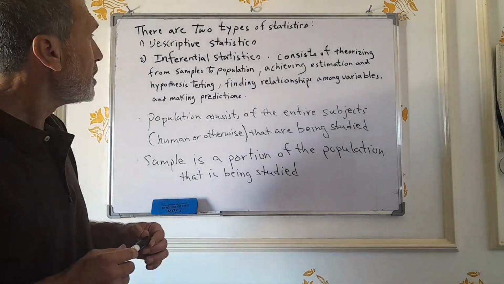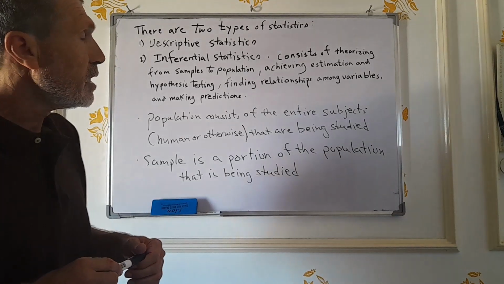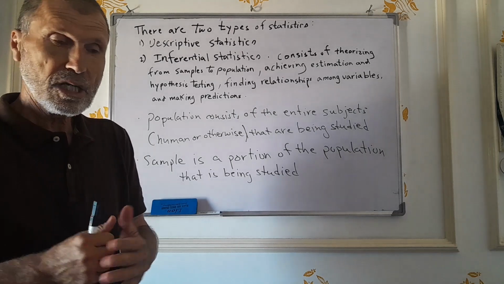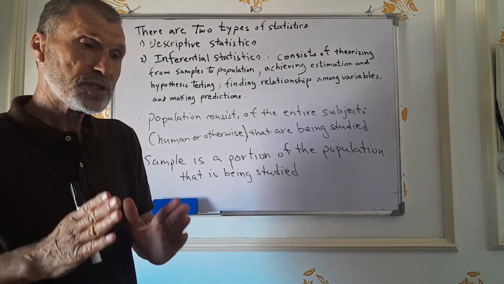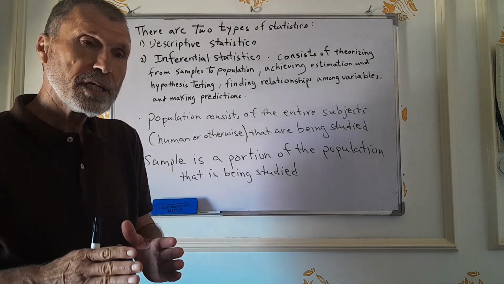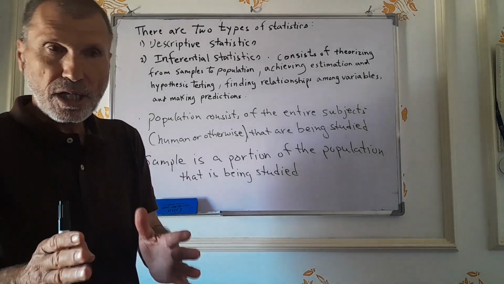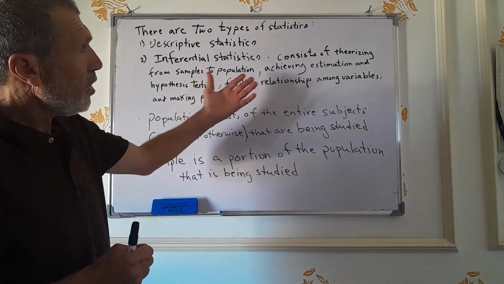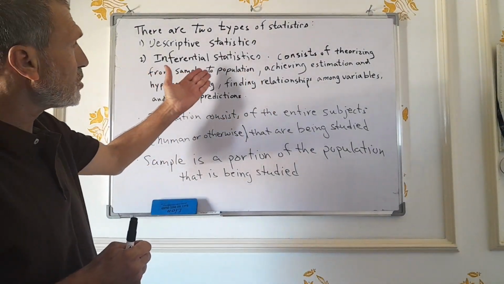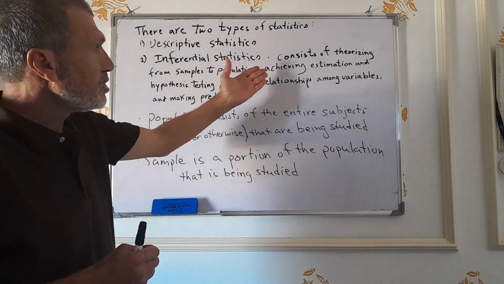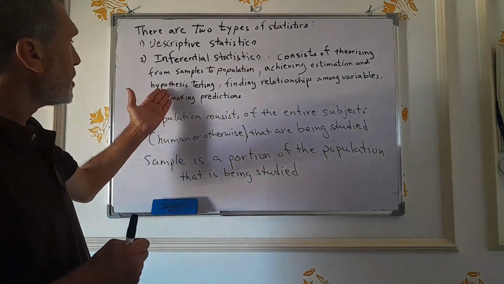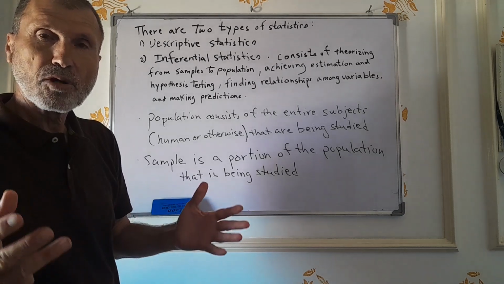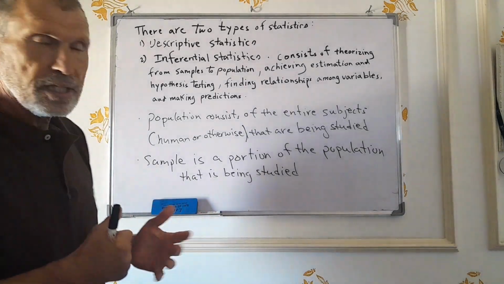However, inferential statistics, of course, is the other type of statistics, which is concerned with computing the likelihood or chance that something will take place in the future. It consists of theorizing from samples to population, achieving estimation and hypothesis testing, finding relationships among variables, and making predictions.